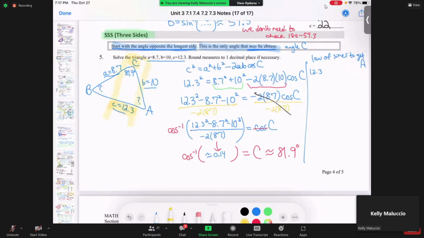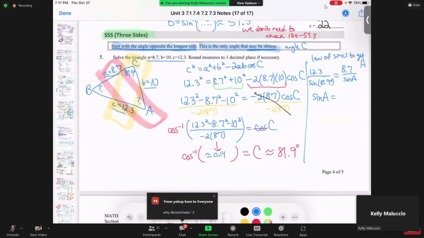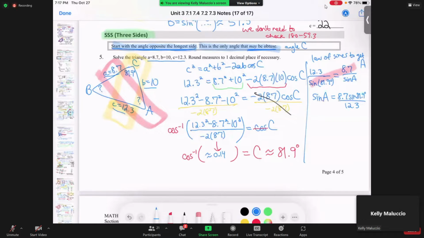I'm using C because I know everything from C, and I'm gonna try to find A. So 12.3 over sine 81.9 has to equal 8.7 over sine of capital A. Which means sine of capital A, if I cross multiply, is 8.7 sine of 81.9 divided by 12.3, right?